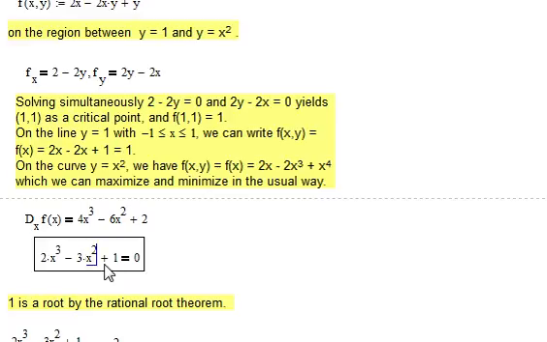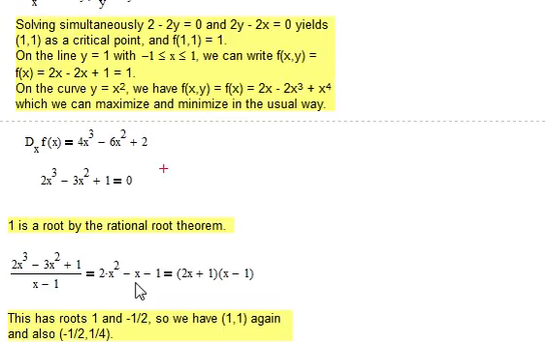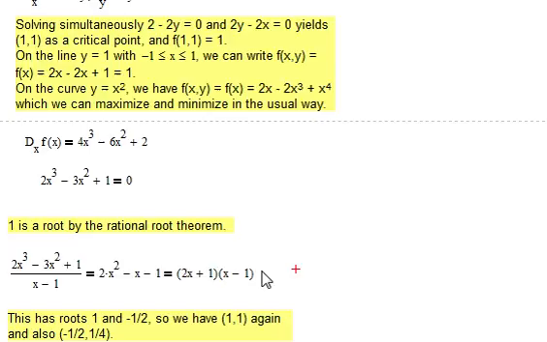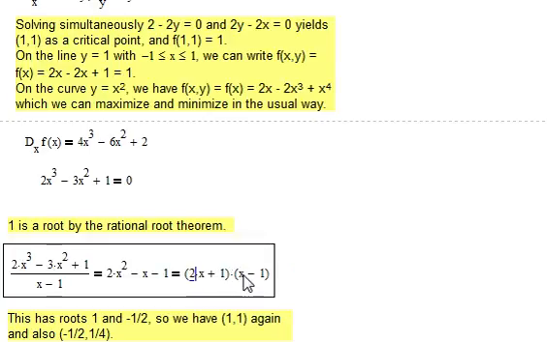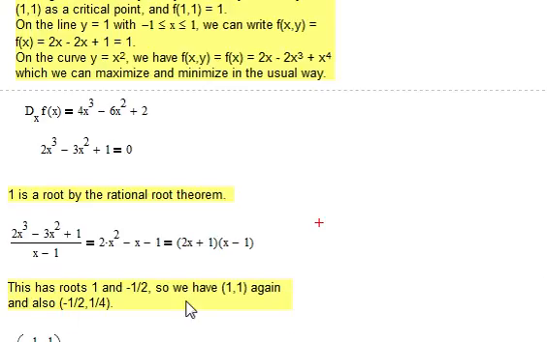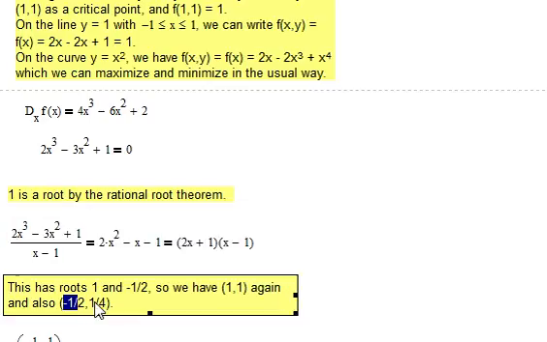So 1 is a root by the rational root theorem, and then we can divide out by x minus 1 and get the other factors. So we get -1/2 and 1. 1 was actually a double root.